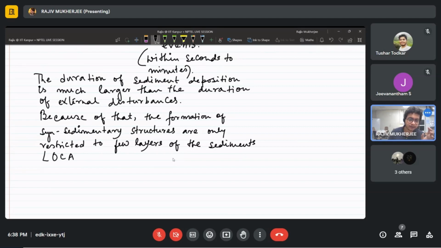This is very important. These are not seen regionally altogether in all layers, right? So they are local phenomena.